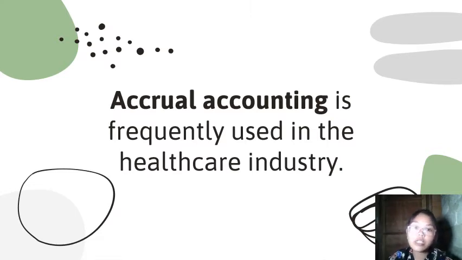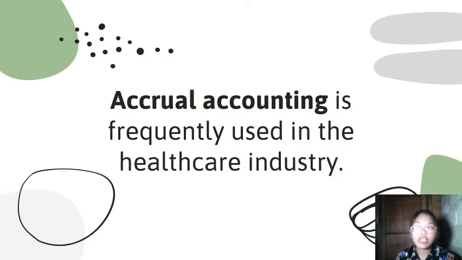Rent expense is spread over the full year in accrual accounting, so that each month's profit represents the goods and services provided and consumed during that month.